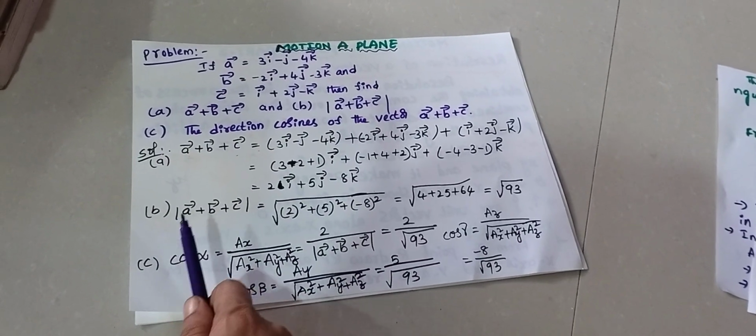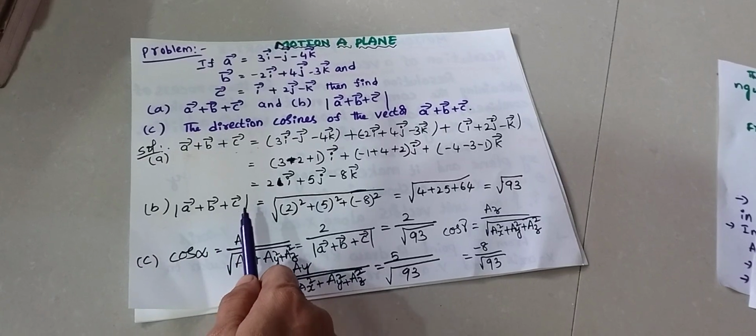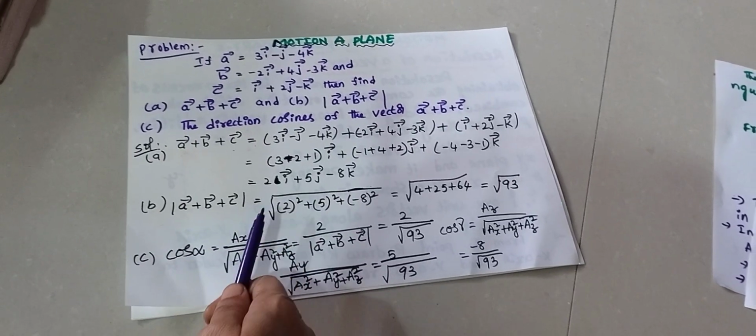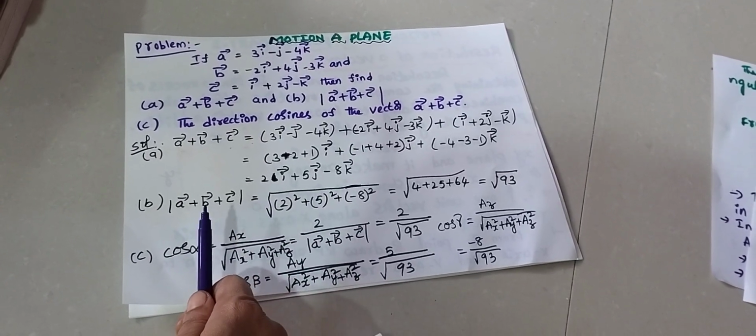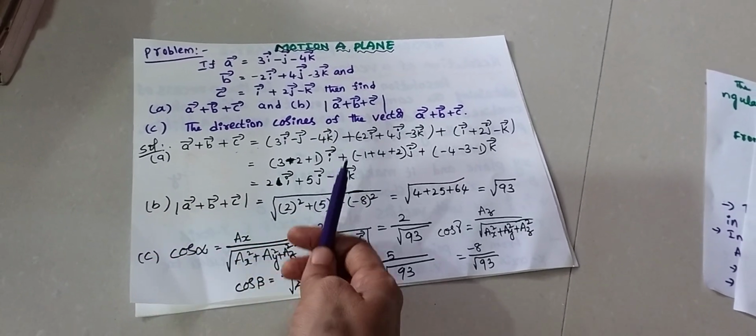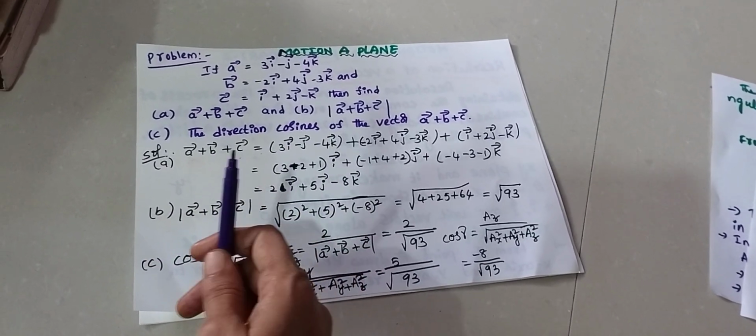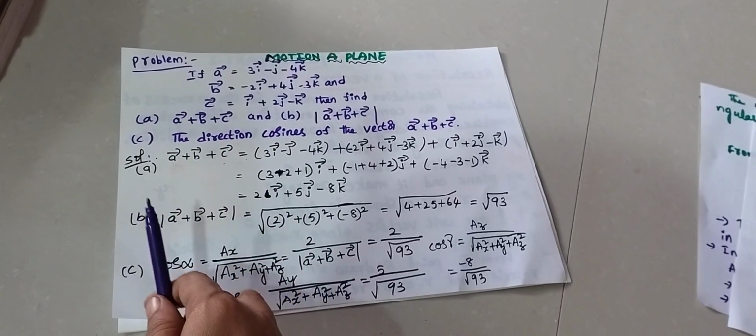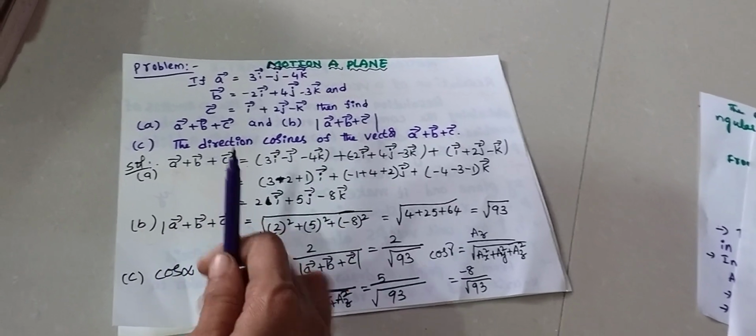After that, the second one: the modulus of A bar plus B bar plus C bar. What is the formula of modulus? For any vector, it is the root of the x component whole square plus the y component whole square plus the z component whole square.